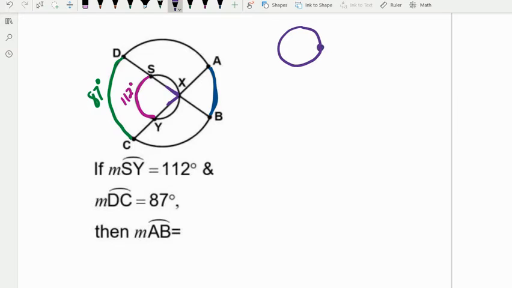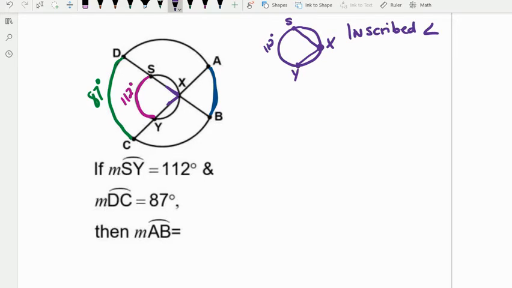So if I look here, this is X, right? And then we've got these two chords. This is S, this is Y. And that's 112 degrees. Now notice that's an inscribed angle. That's what we learned about last week, right?